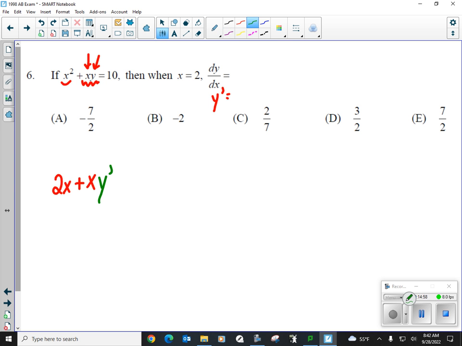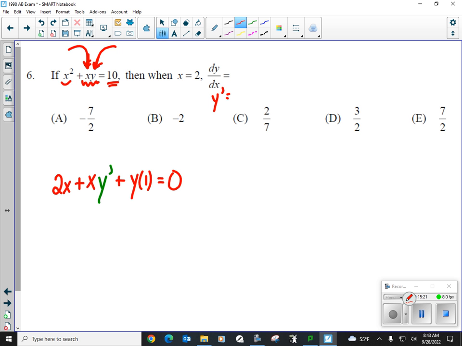Okay, so first times the second, plus the second times the derivative of the first. Okay, the derivative of x is just 1. Equals, the derivative of 10 is 0. I'm not supposed to leave that 10. I take the derivative of everything, even the constant on the right-hand side.